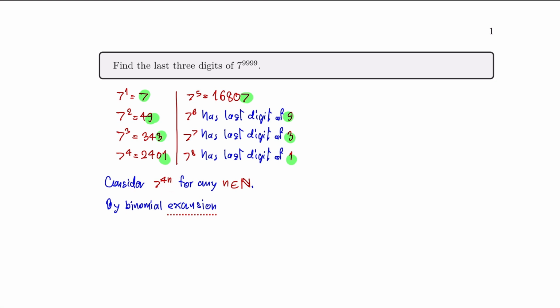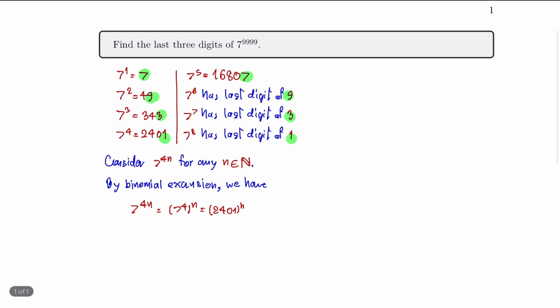So 7 to the 4n is 7 to the 4 raised to the power of n, and 7 to the 4 is 2401, so it turns out to be 2401 raised to the n, which is 1 plus 2400 raised to the power of n.